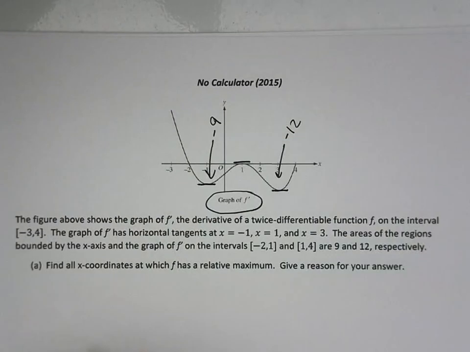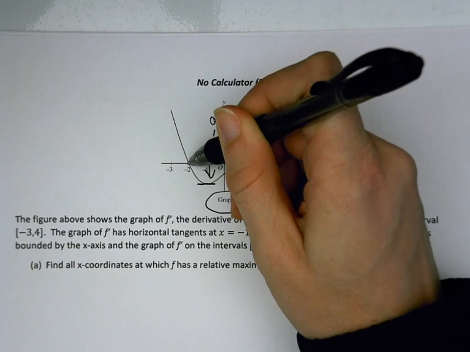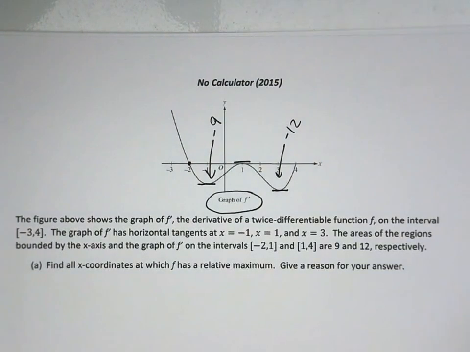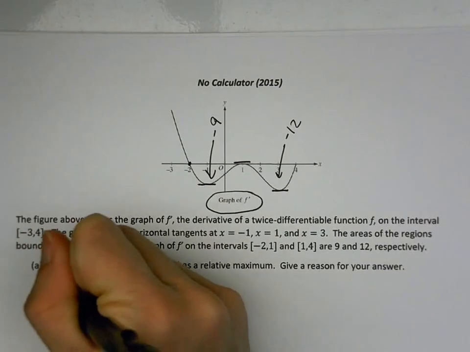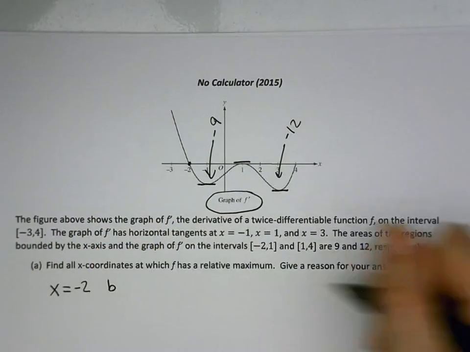Okay, and so as I look at my different points on my graph here, looking for where does my f prime change from above the x-axis to below the x-axis, well, it changes right here at -2. And so f has a relative maximum at x equals -2, and then give a reason for your answer.